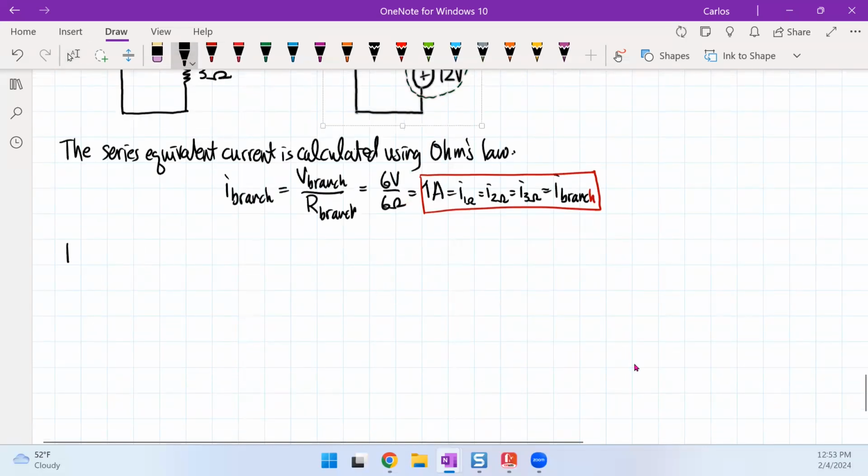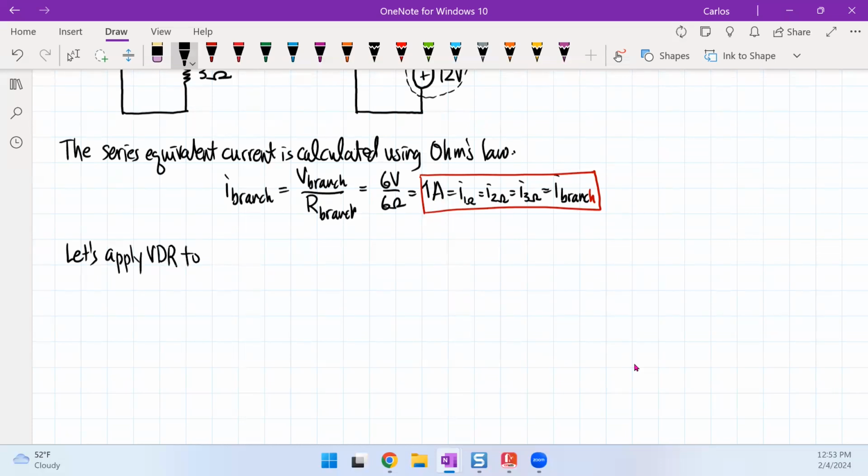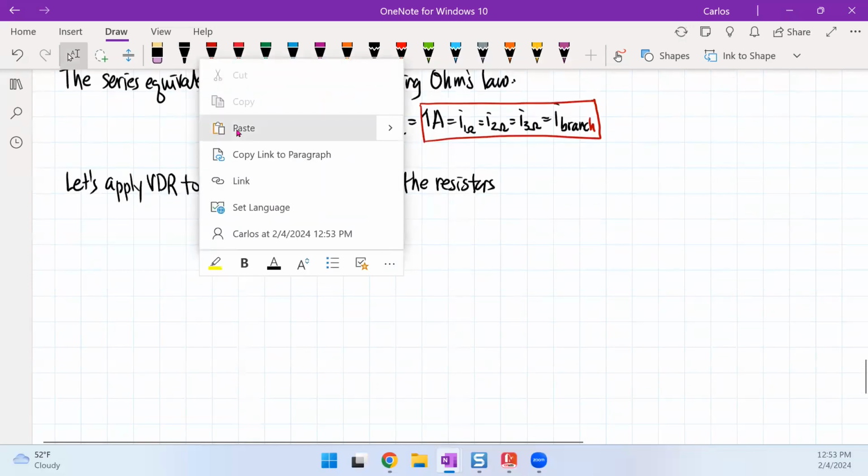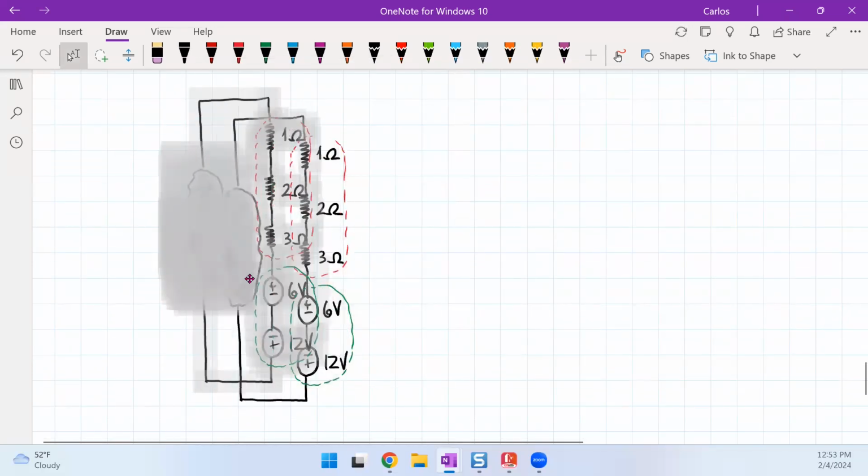So let's apply VDR to calculate the voltages of our resistors. So now what I do is I modify my circuit. So here's my circuit right here. Right, this is my circuit.